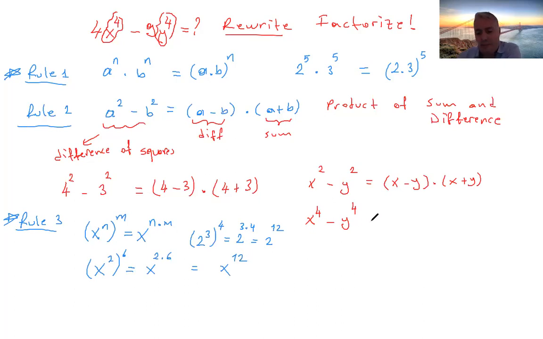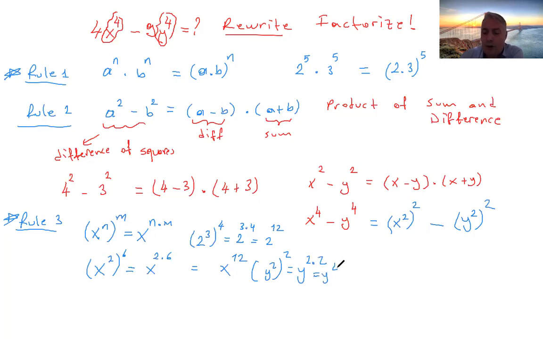Now be careful. x to the 4 means x squared squared. Why? 2 times 2 will be 4. Similarly, y to the power of 4 means y squared squared, which is y to the power of 2 times 2, which is y to the power of 4.